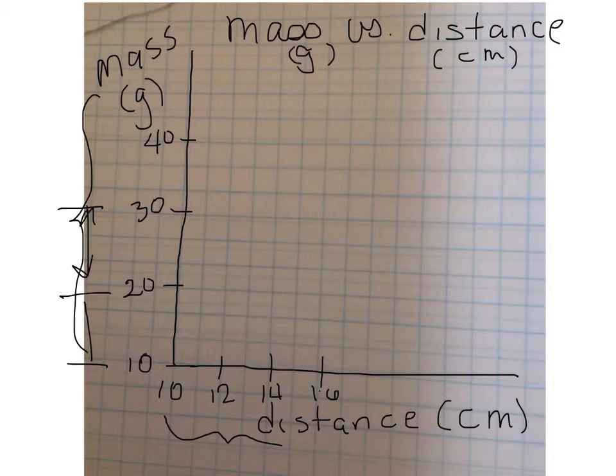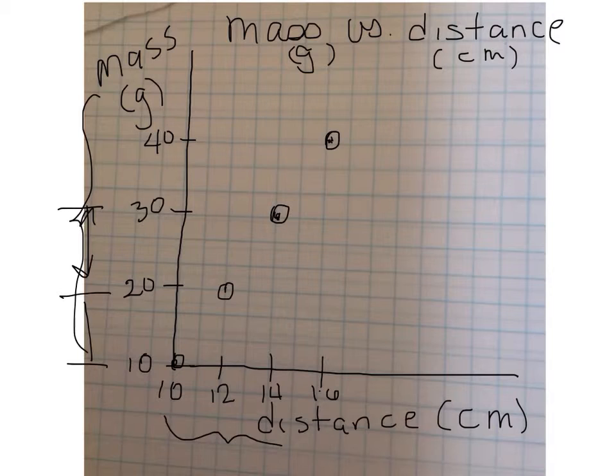That's what you want. So we had 16 and 40. We had 14 and 30, 12 and 20, and 10 and 10. When you place your dots, you want to put a little circle around them. It's kind of hard doing this with the iPad.